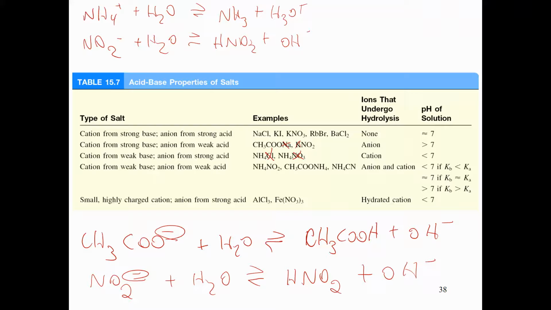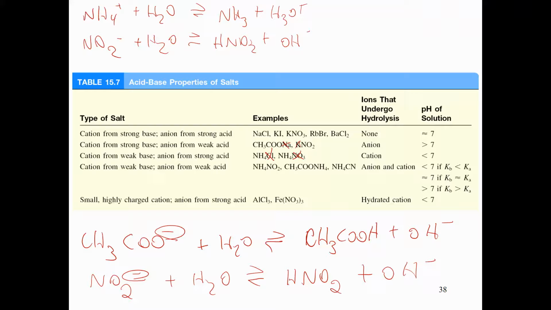it could be neutral because you might produce, depending on the Kas and the Kbs and the concentrations, obviously, they would be at the same concentrations. So depending on what their Ka or their Kb is, whichever one's stronger would win out, for either acidity or base.